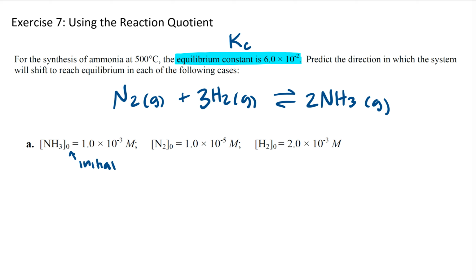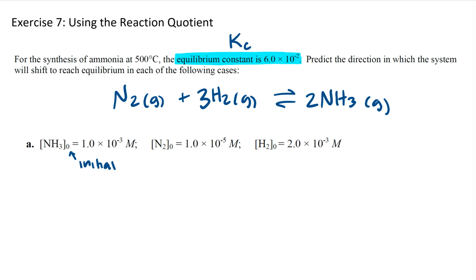And so I don't know initially if this is an equilibrium ratio of products to reactants. And so when I'm given initial values, I do need to calculate Q. And the value of Q, I compare it to K, that's going to tell me the direction in which the system is going to proceed.